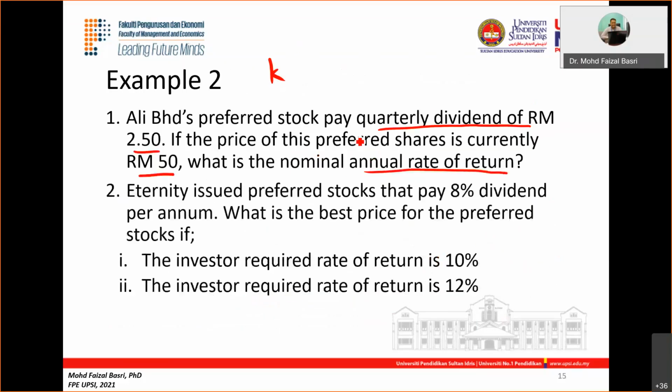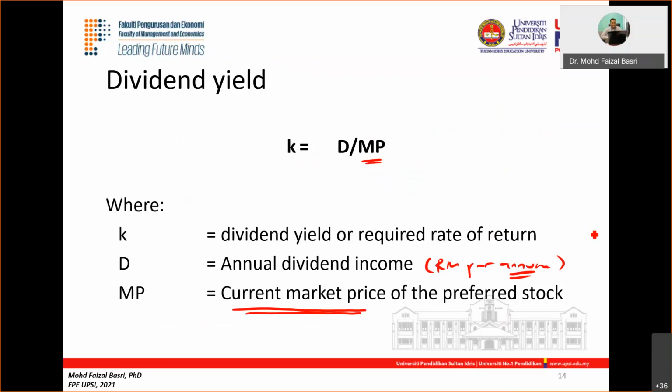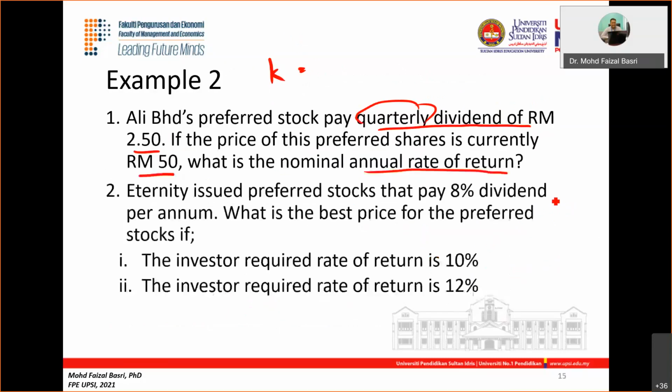Okay, but anyway, the dividend in this case is 250, but remember this 250 is quarterly. This is a quarterly dividend. Remember, our dividend must be in annual amount. So therefore, our dividend would be 250 times 4. Okay, and our market price is 50 ringgit. This one.